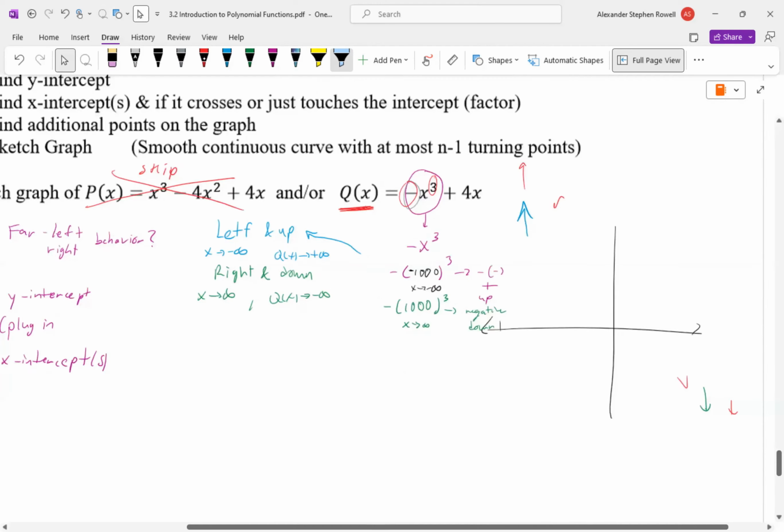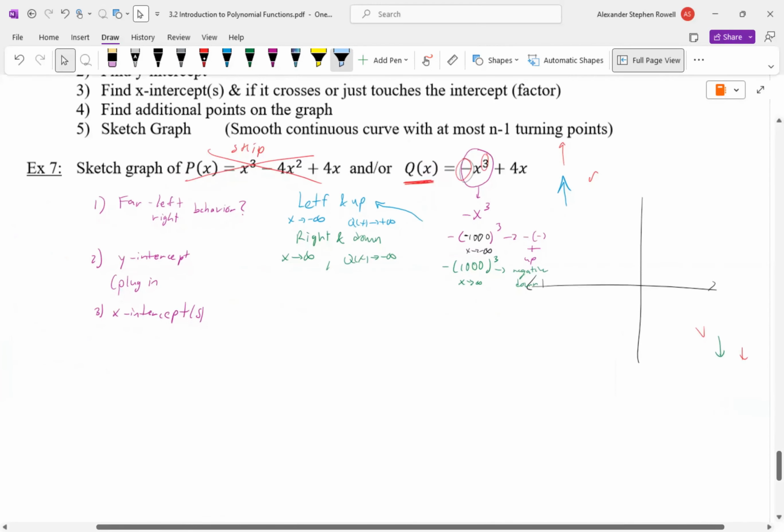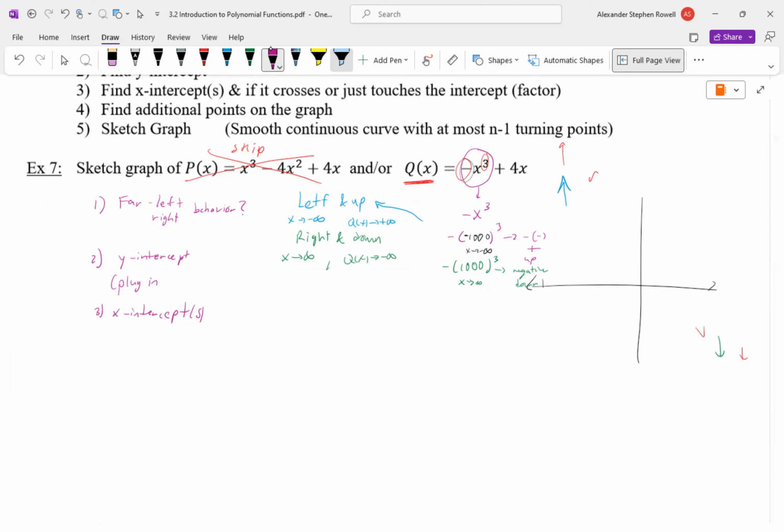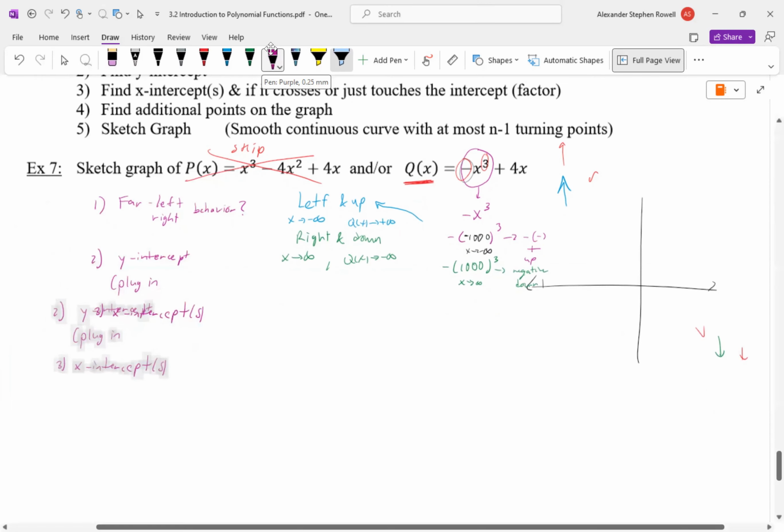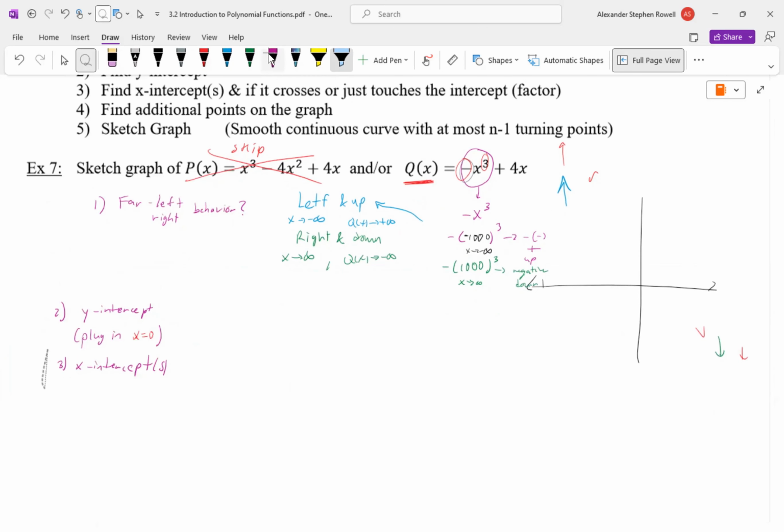All right, now that I've killed that subject, how do we find the y-intercept? Yes, plug in 0 for x. How many y-intercepts do I have? Is this a difficult conceptual question? Polynomials are functions, which means they pass the vertical line test, which means they can only have one y-intercept.